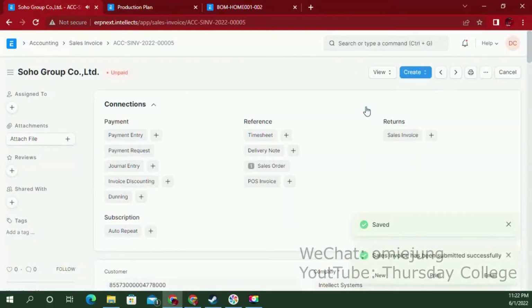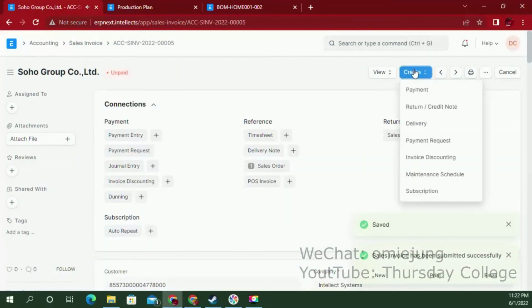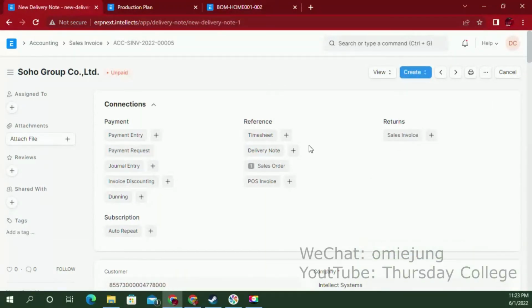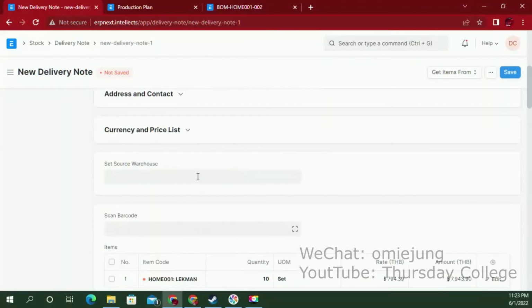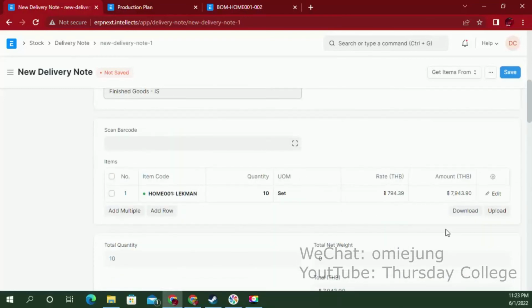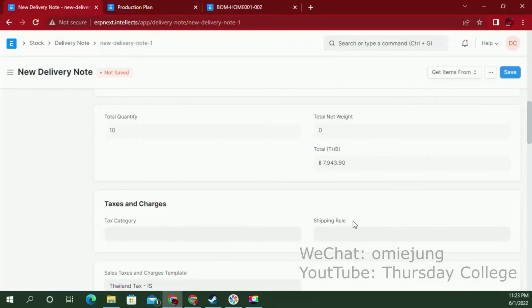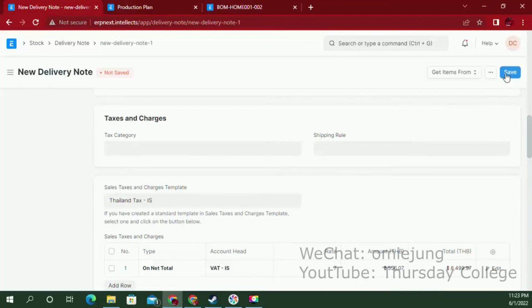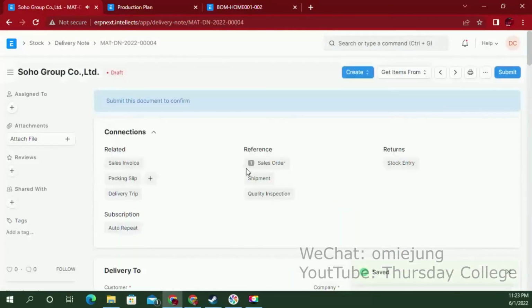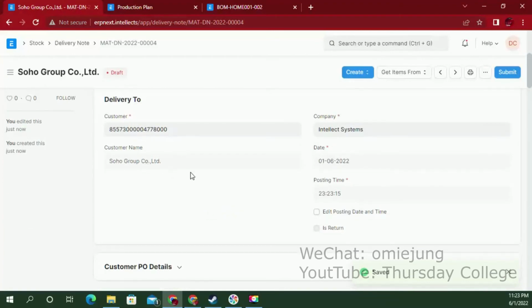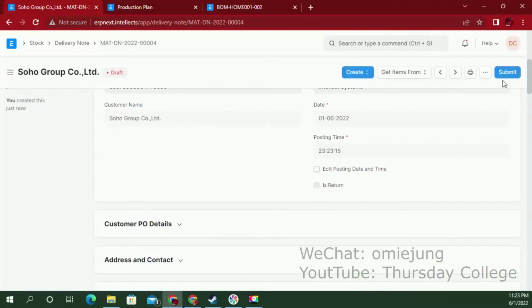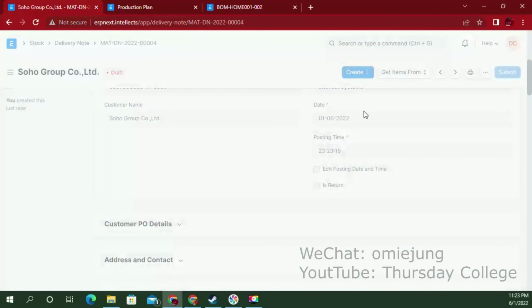After we create the invoice, what we do next is the delivery. So we just put the product from our item, I mean the finished good, and then just sell 10 pieces to them already. Okay, sell and deliver to the Soho group, that is the customer, and that's it.